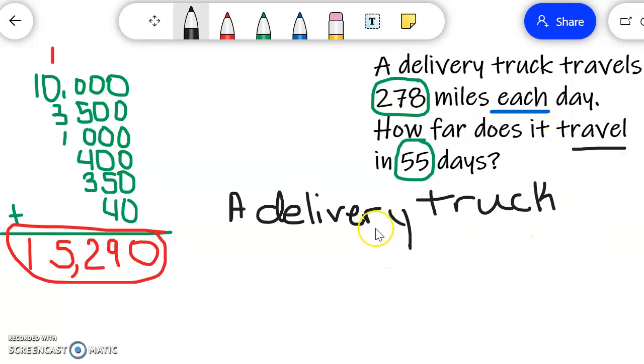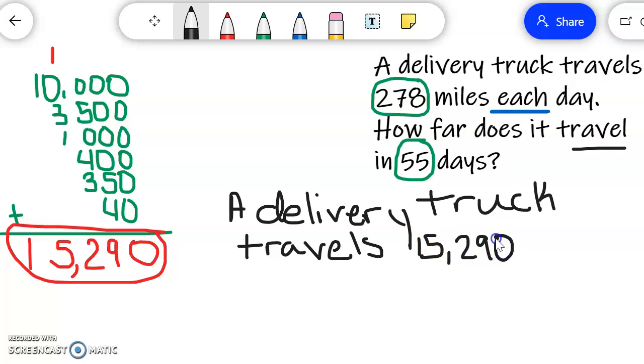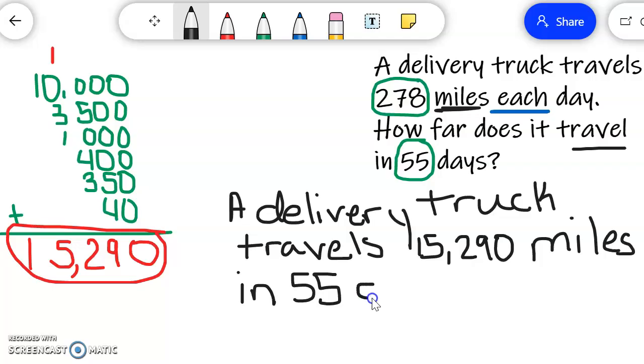So it was travel, but I'm going to turn it to travels. Now I'm going to insert my answer, 15,290. 15,290 what? Miles. When? In 55 days. As you can see, I'm taking words straight from the question to write my response.